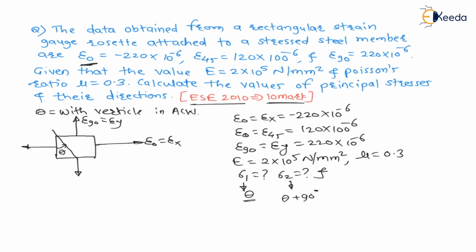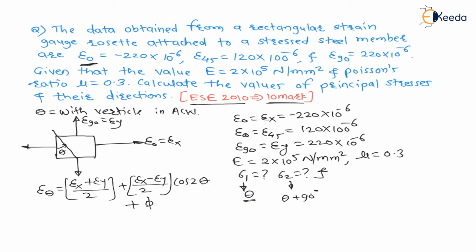Now come to the question. How to find strain on any inclined plane? At theta, E theta is equal to (Ex plus Ey) divided by 2, plus (Ex minus Ey) divided by 2 into cos 2 theta, plus phi xy by 2 into sin 2 theta.